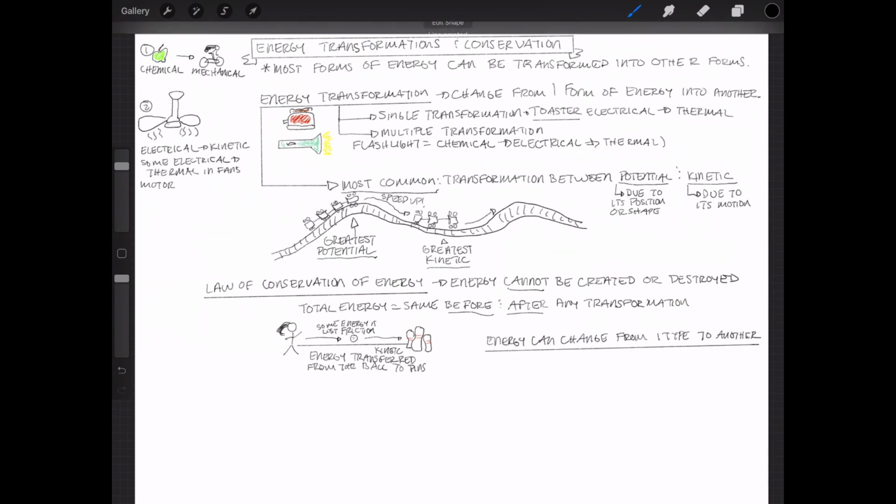Come on, straight line. But the total amount of energy is always conserved, right? We talked about that. Right? The total amount of energy is always conserved.